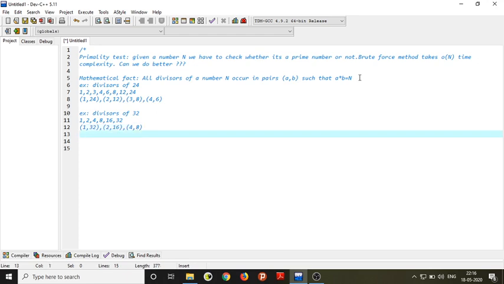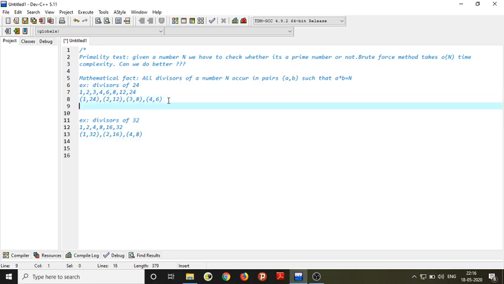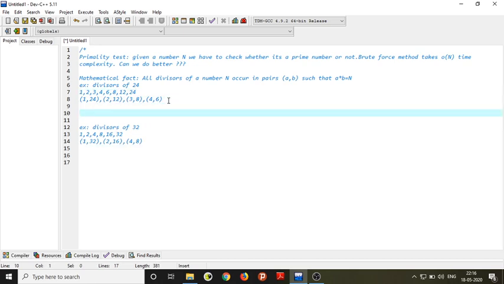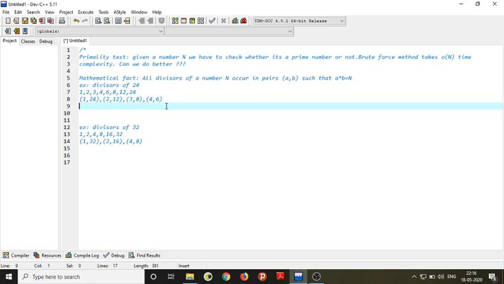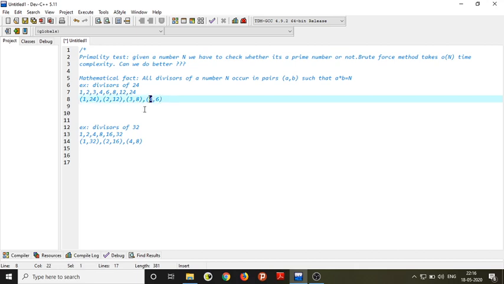Did you observe any similarity or anything that we can extract from this mathematical fact and that can be used in primality test to reduce the time complexity? Observe the first numbers in the pairs. Here in the divisors of 24 example, let's talk about only the first numbers in a pair.